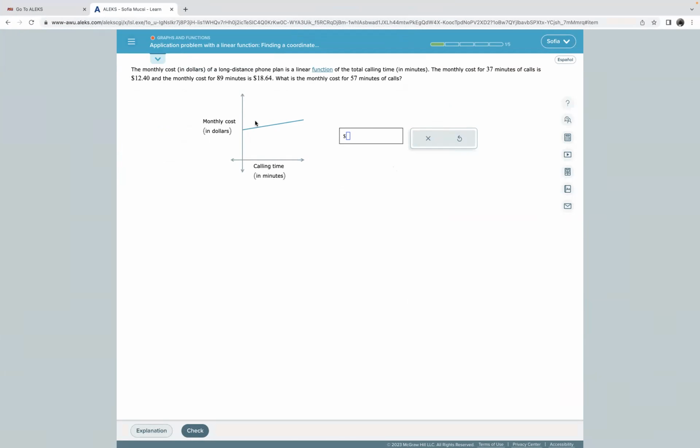Because it's an increase, will the whole numbers be the X value if I write it as coordinates? Yes, the calling time is the X value. So your first ordered pairs should be 37, 12.4, and the other one is 89, 18.64. Go ahead and calculate your slope, and I'll do the same, and let's see if we get the same result.